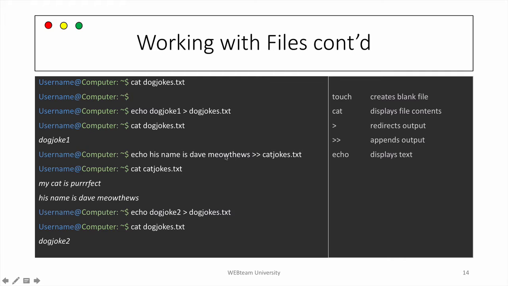So my original dog joke, although this is only a joke placeholder, hypothetically, if I had created a hilarious dog joke, it would now have been overwritten by dog joke 2. In order to have both joke 1 and joke 2, I would have had to have used two greater than signs to append this output to the text.